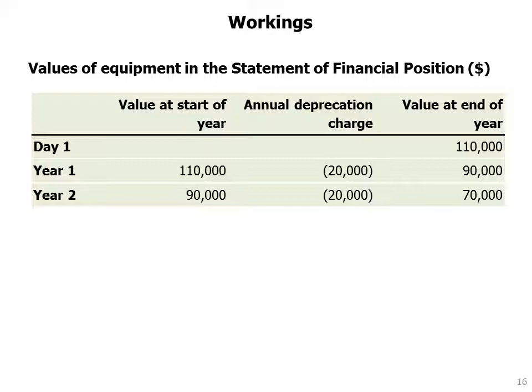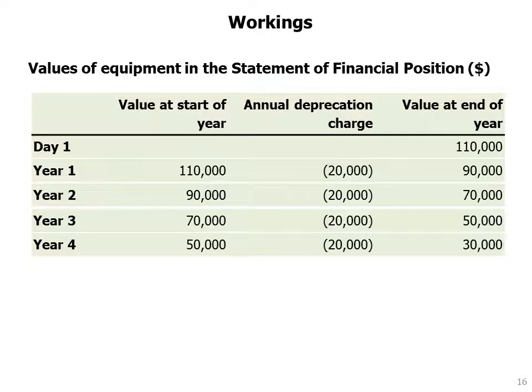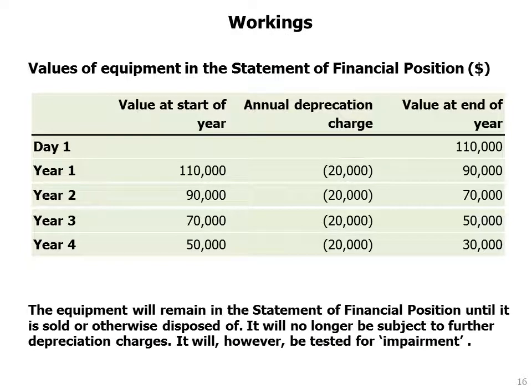The net book value at the end of the second year is $70,000, and that is the start value for year 3, less the depreciation charge of $20,000. Net book value at the end of year 3 is $50,000, and for year 4, we have a further $20,000 in depreciation, and the net book value on the statement of financial position is now $30,000, which is the value that we estimated for residual value.